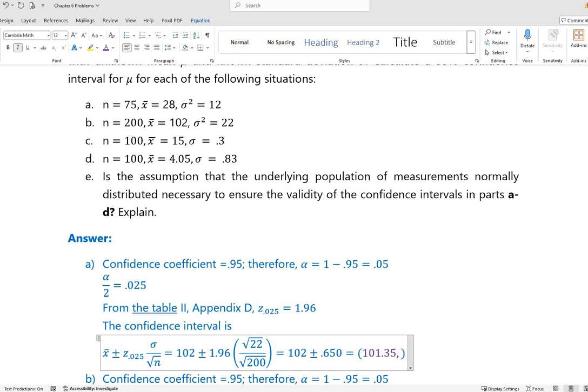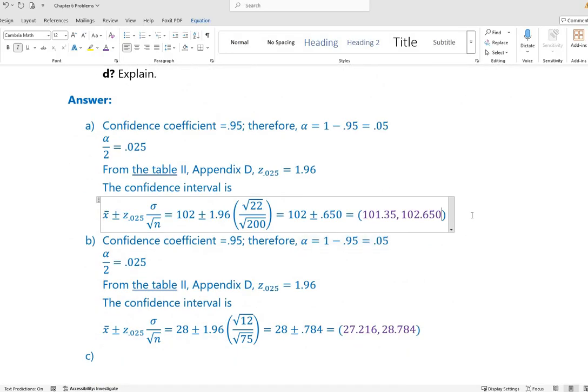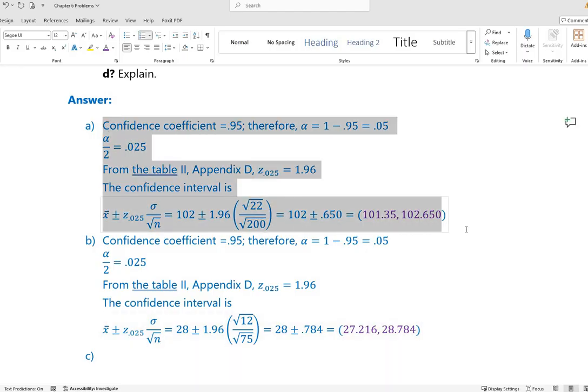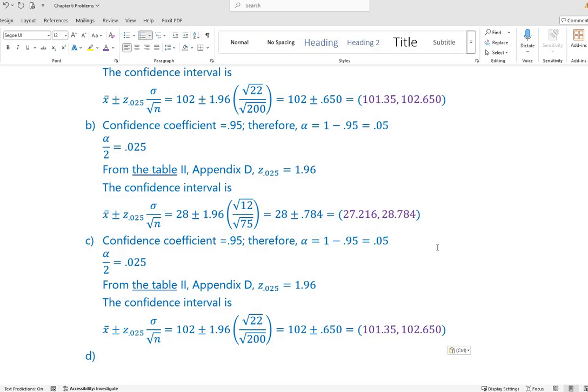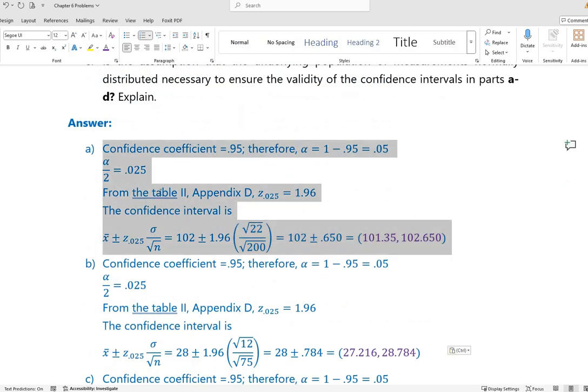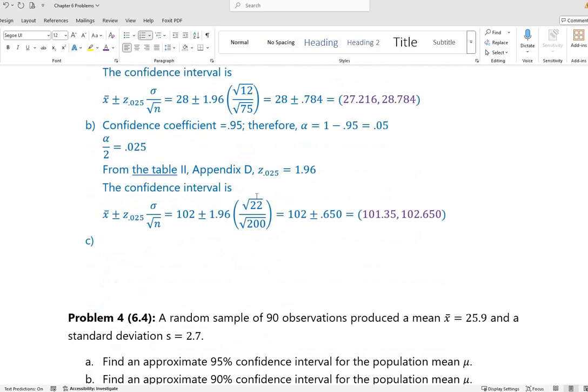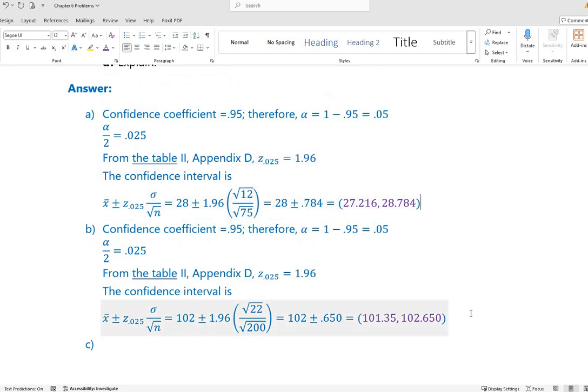Oh my gosh, what have I done? So this is A, right? Let me copy this one. Okay, this is our A and this is the B.